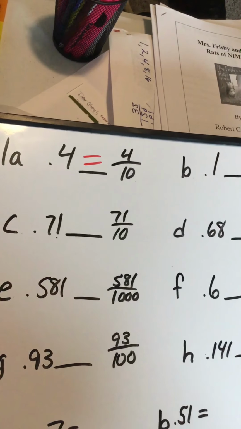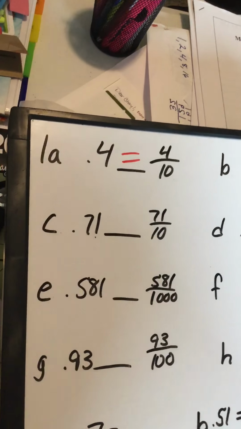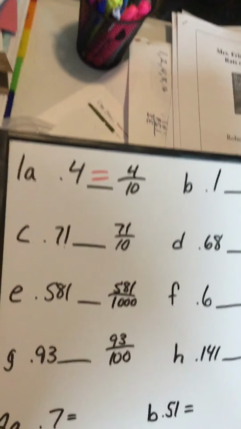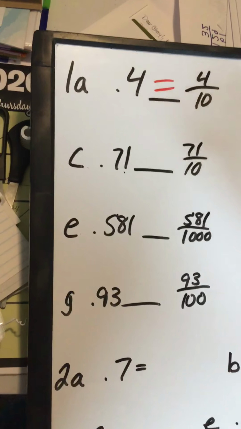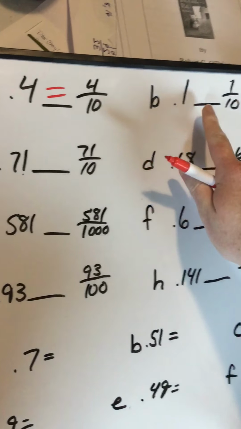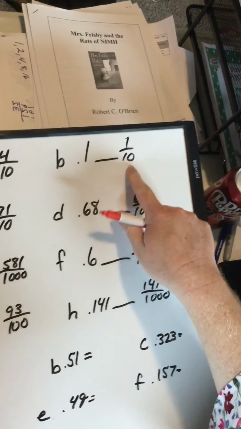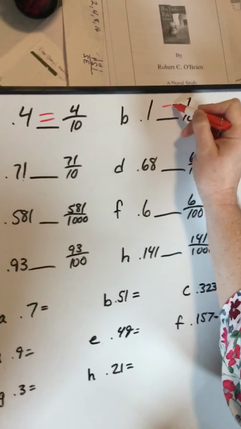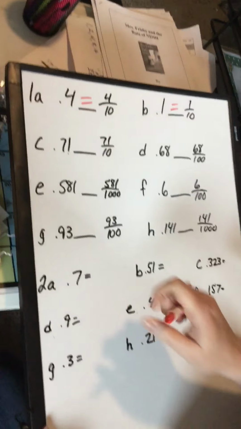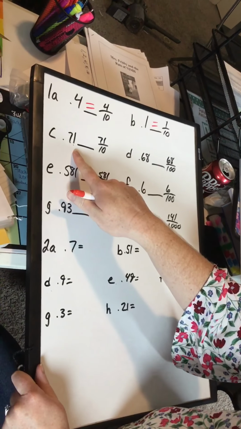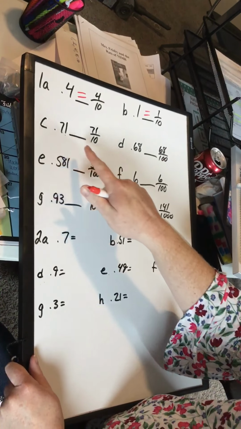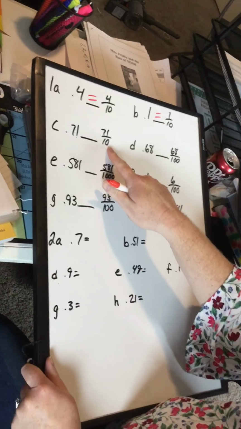So, if we have one number over 10, which is the tenths place, this is equals. They are equal, meaning that they are the same number. Next one, we have one number here over 10, which means they're equals. Okay? Now here we have two numbers over 10.